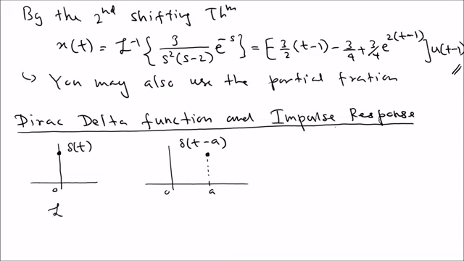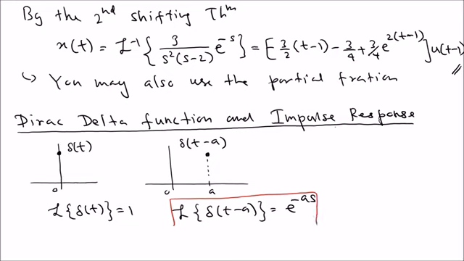The Laplace transform of delta t is 1, and the Laplace transform of the shifted version delta(t minus a) is e^(-as). This is useful to remember. If you plug in a equals 0, you get the other one.